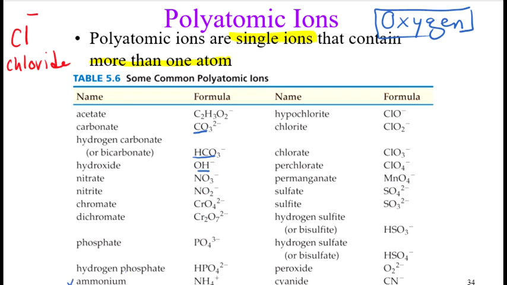And this one and that one don't have oxygen. That is why I say most of them have oxygen. Another thing, most of them are anions, except this one, ammonium. So please memorize ammonium first as a polyatomic cation, and the other ones as well. I do recommend you make a flashcard.